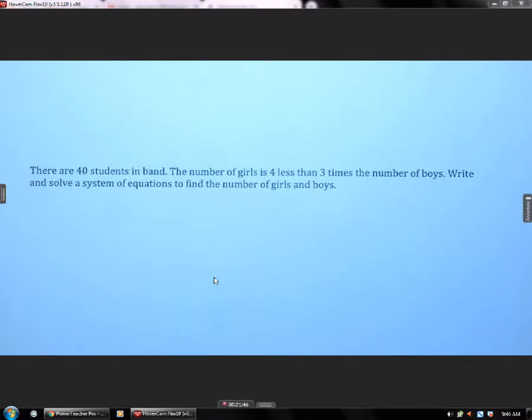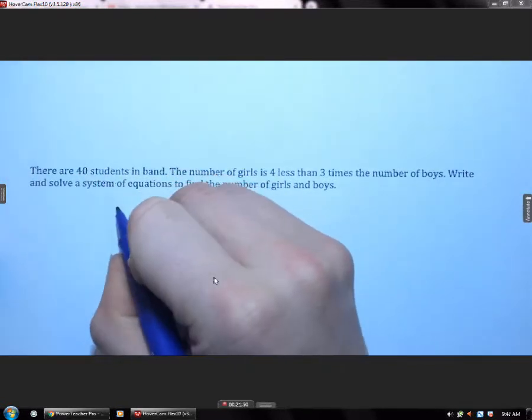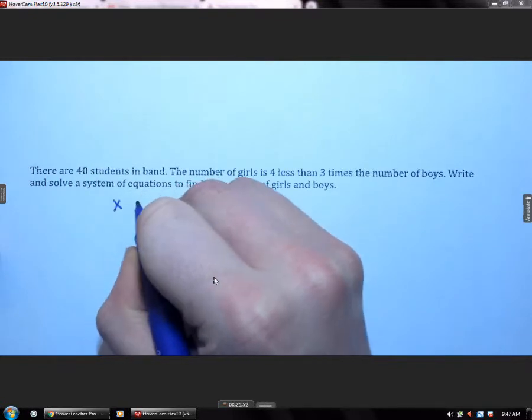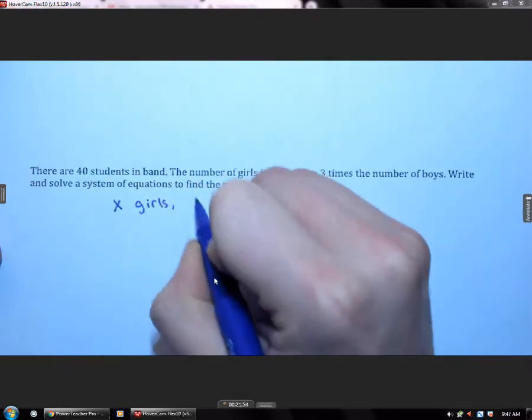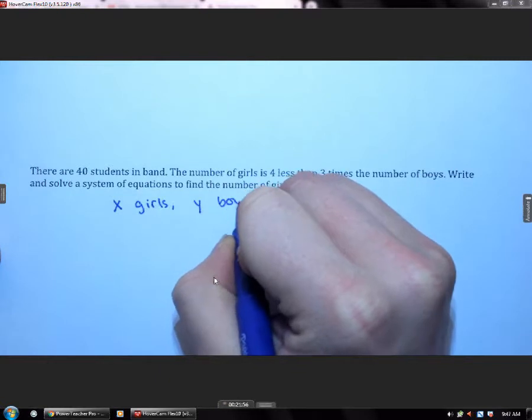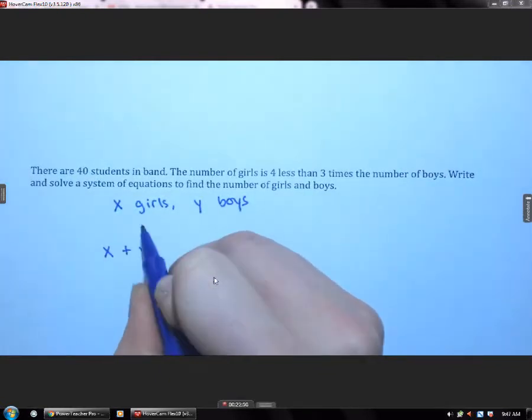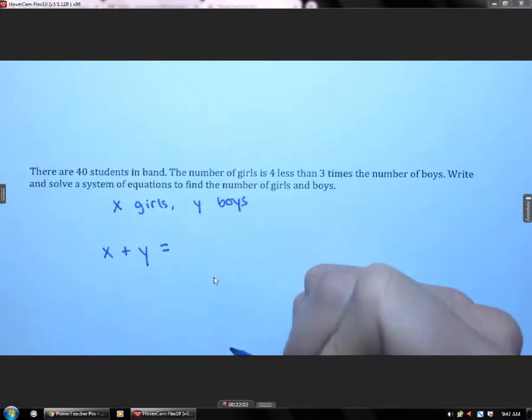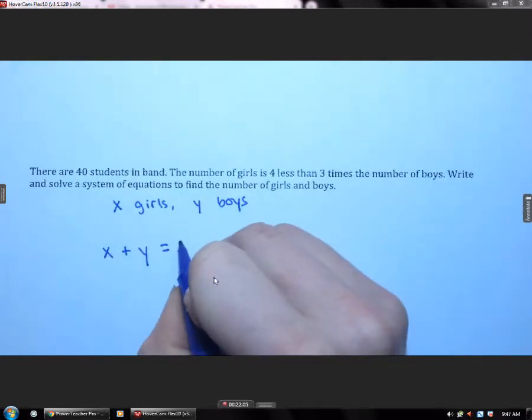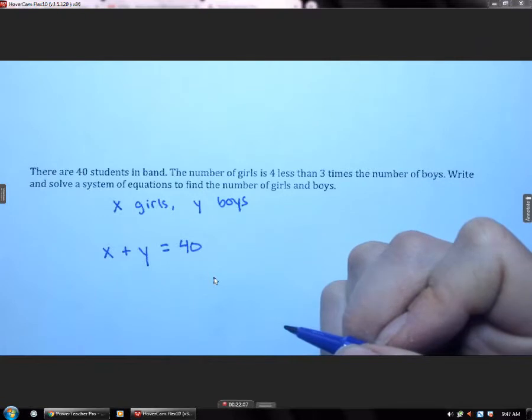Okay? Well, you know that, I don't want to open up a can of worms here, but if you had x to represent girls and y to represent boys, generally speaking, that x plus y, the number of girls plus the number of boys, would give you how many people are in this band? 40. Okay, that's the easy one.